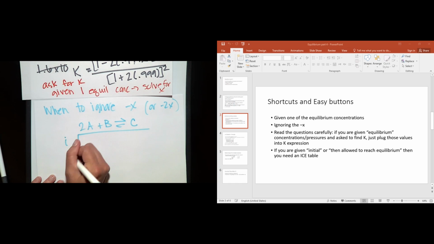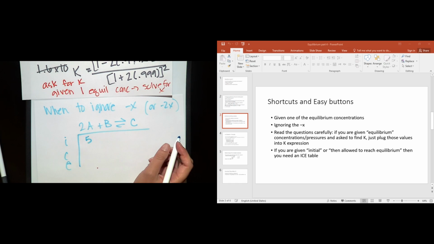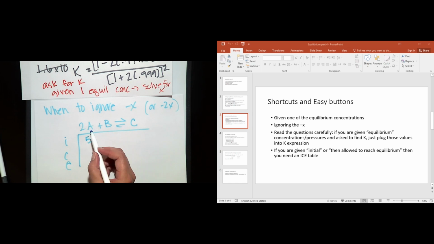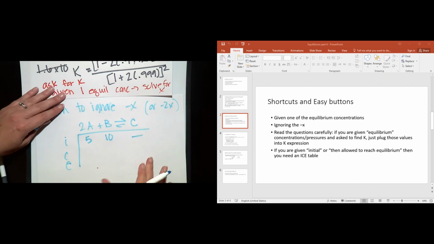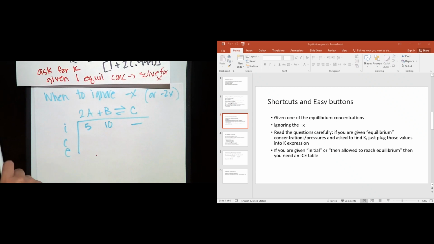We have initial, change, equilibrium. Let's say we have 5 initial for reactant A and 10 molar for B and none for C. And let's say the K is really small. It's 1.5 times 10 to the minus 30.